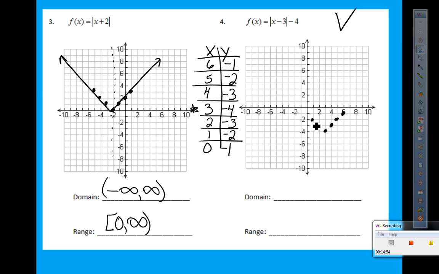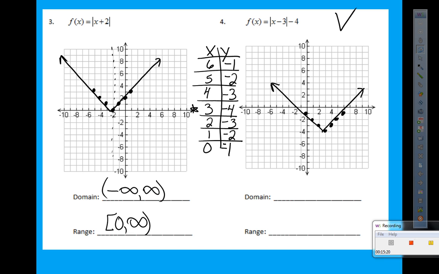And 0, negative 1. I lost my negative there. Okay, so it looks like it's going to be a V again, guys. So put your card down. Connect those dots. Put arrows on the ends.